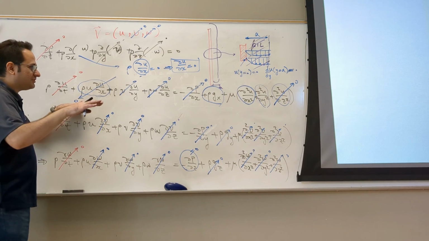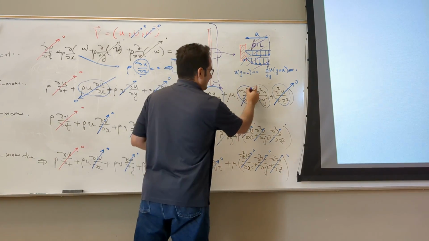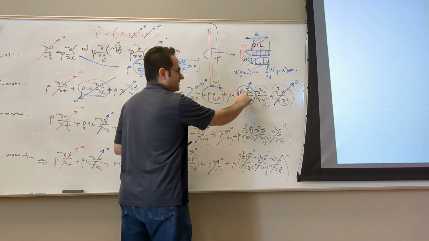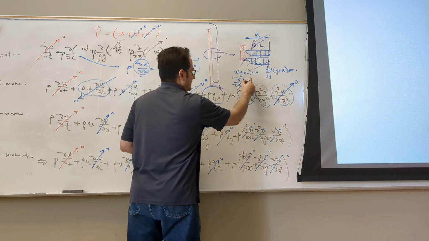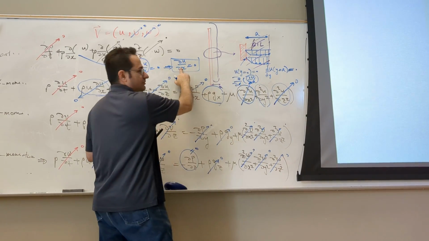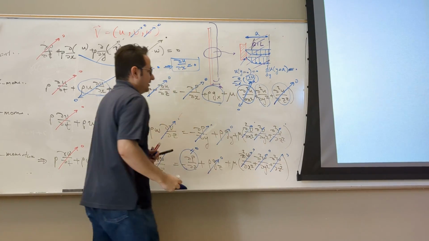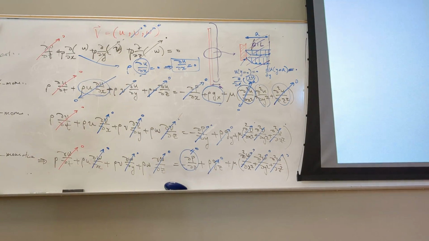Well, just wait. This is 0, right? What else? Look at this term. What is that? The derivative of the divergence of velocity. So this was already, according to continuity, 0. So the derivative of that is 0.